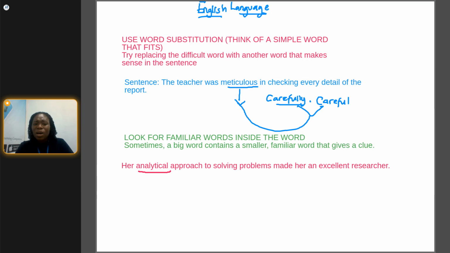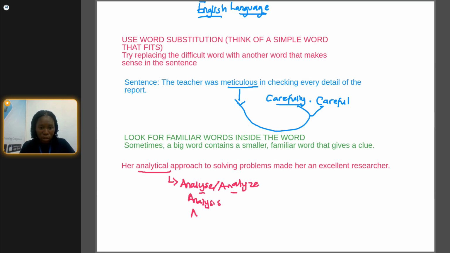You can now bring words out of analytical. You can bring the word analysis, you can bring the word analyze, you can bring the word analyst from it. And then from there, you determine what's next. So let's have it written down for analytical, your familiar words. You could have analyze or analyse, American, British. But in British, we can still use both of them. So analyze, you can use analysis.